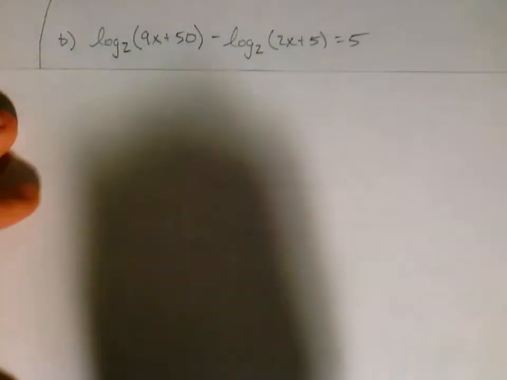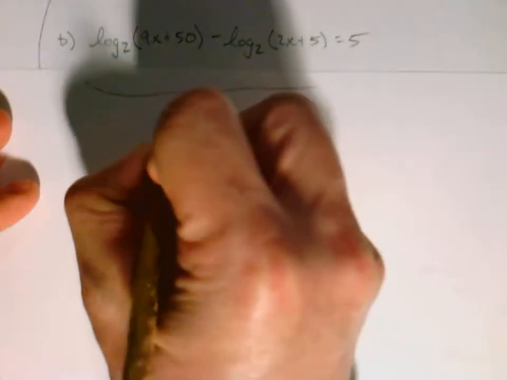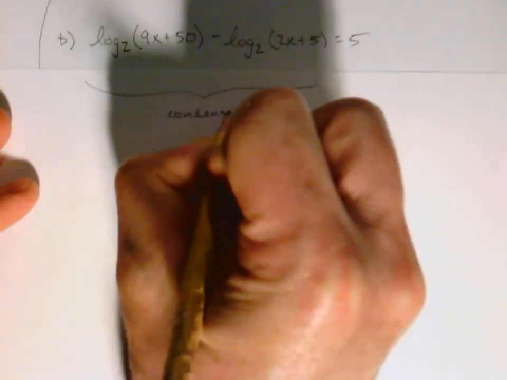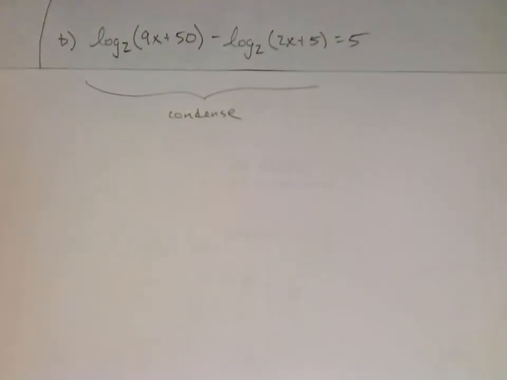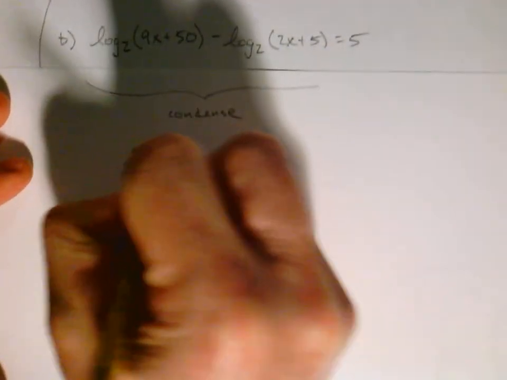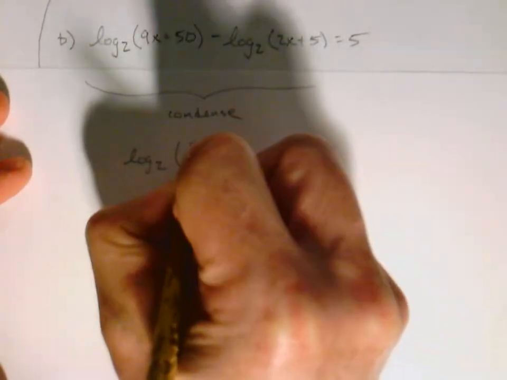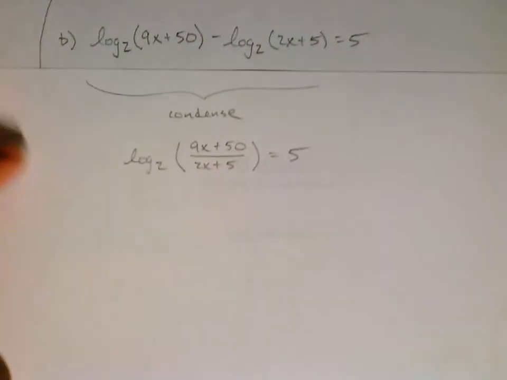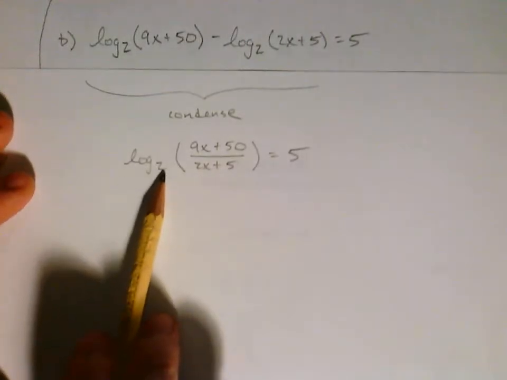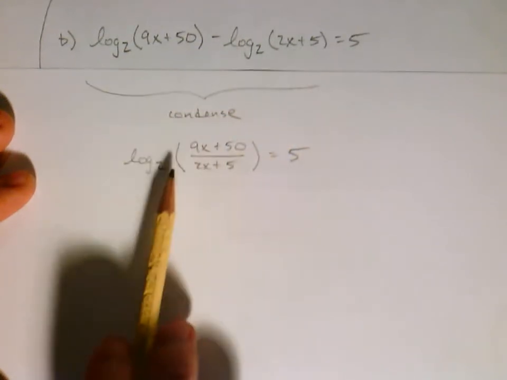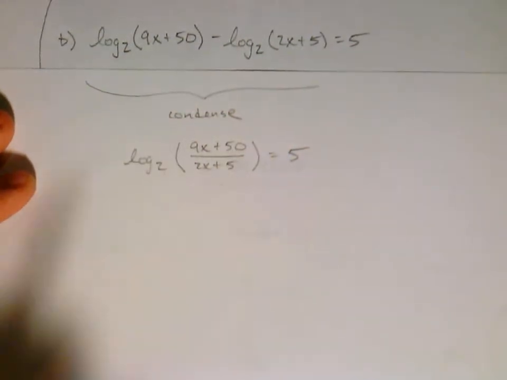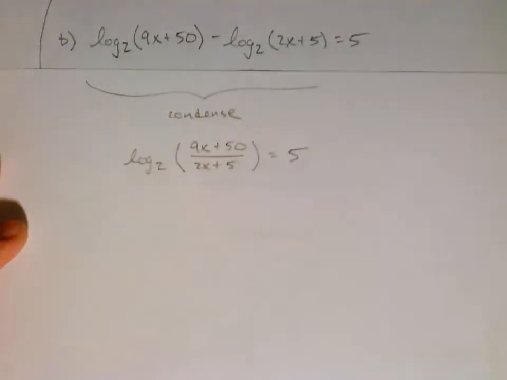Well, the first thing we need to do is condense those into a single logarithm. How is that going to work? If we're subtracting, maybe you remember you divide your arguments. So it becomes a single log with base 2. That divided by that, 9x plus 50 over 2x plus 5, and it's still equal to 5.